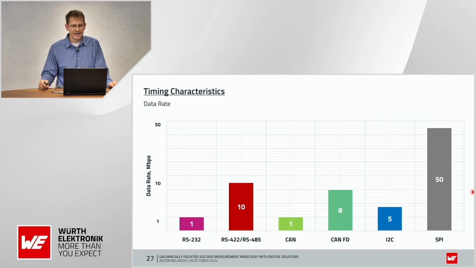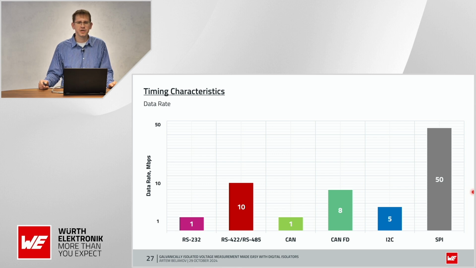For digital isolators, it is important not only to provide the necessary level of galvanic isolation, but also to ensure reliable transmission of high-speed data. As a result, the timing characteristics of isolators, such as data rate or propagation delay, are just as important as their isolation property. Data rate is the number of bits transmitted per second, or the fastest speed at which data can pass through the device.